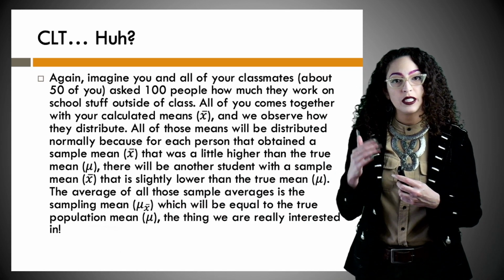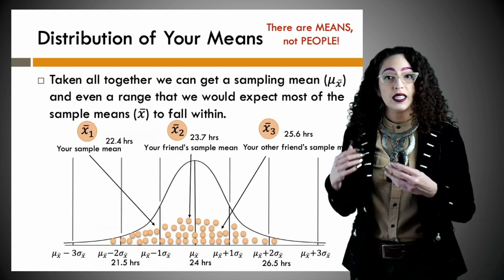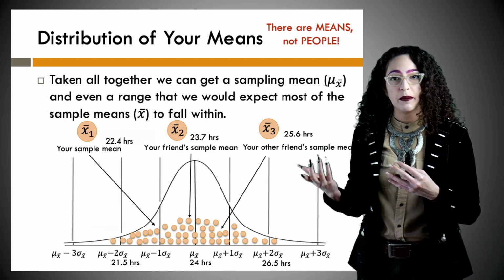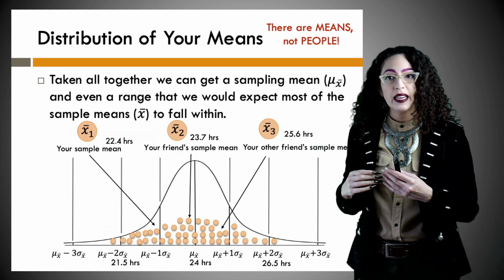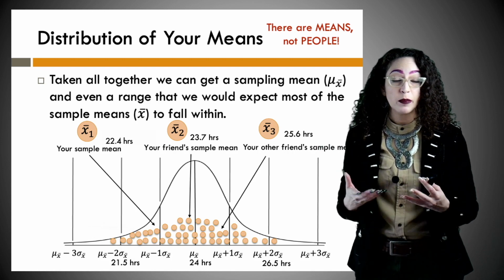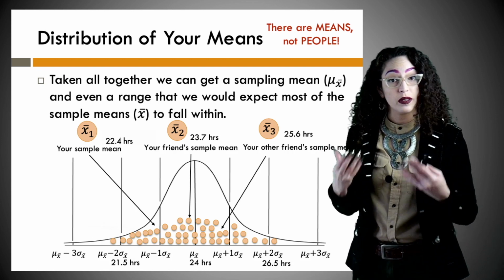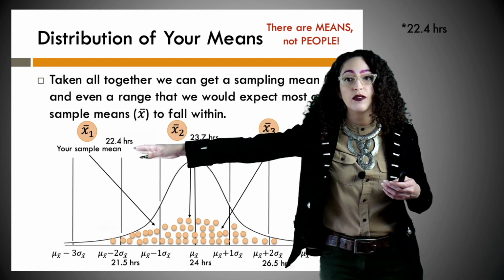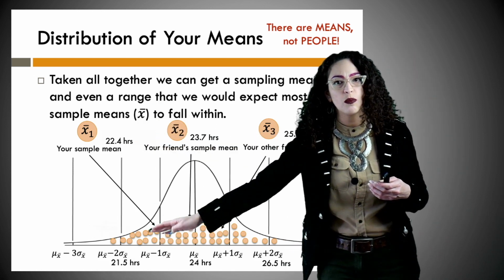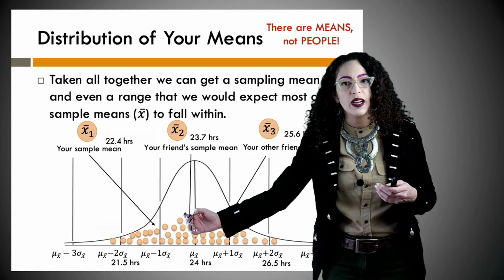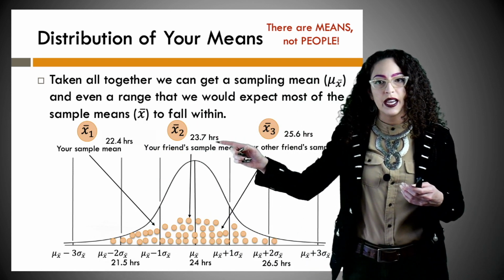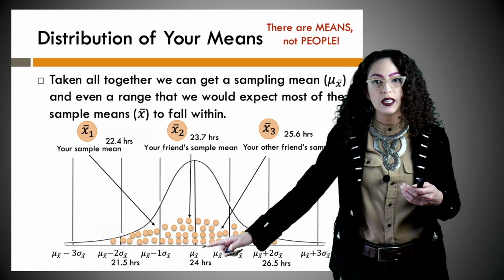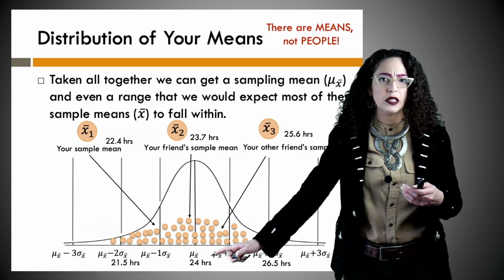Now let's go back to the distribution of all of your sample means. Taken all together, we get a sampling mean, this mu sub X bar, and even a range that would be expected for most of the sample means to fall within. So let's say your sample mean of 21.4 hours was a little low, but still within this realm. Another friend of yours had 23.7, which is really, really close to apparently the truth, which is 24.